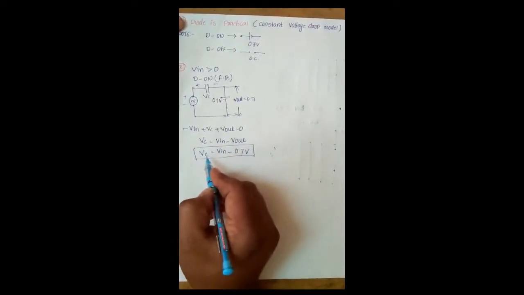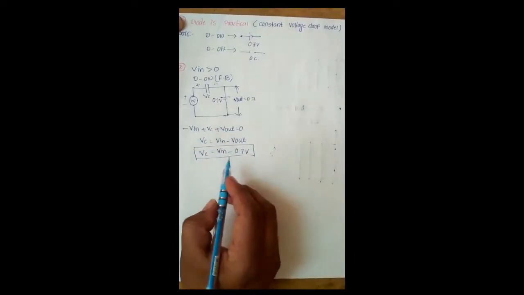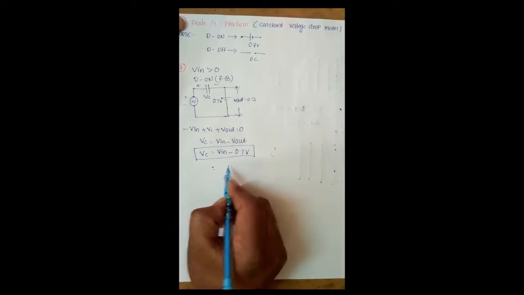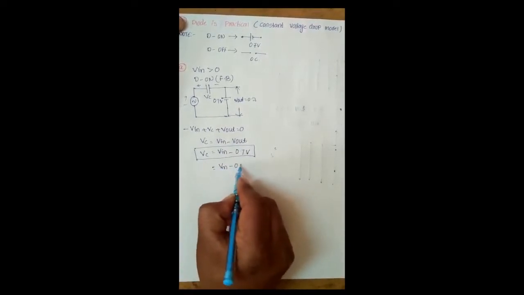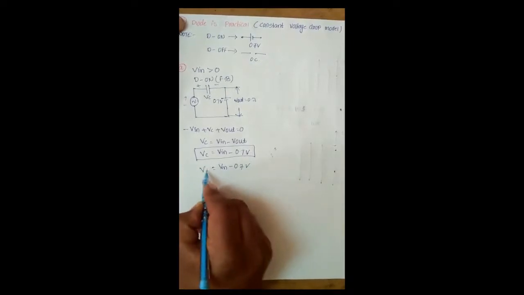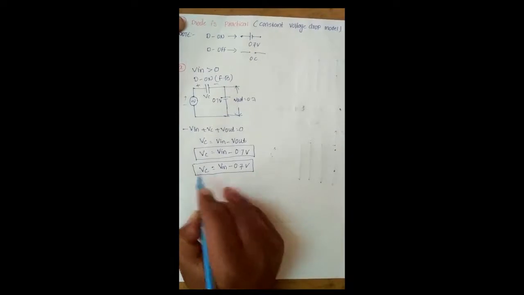In the positive half cycle, the input signal voltage is Vm, so the voltage across the capacitor Vc equals Vm minus 0.7 volts.